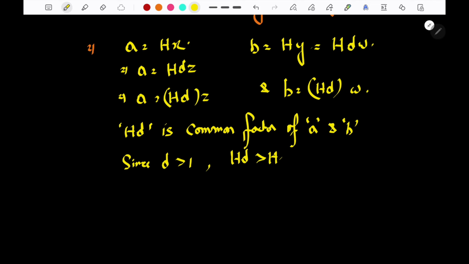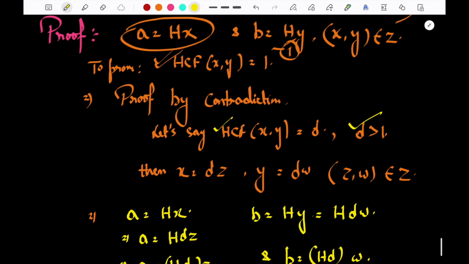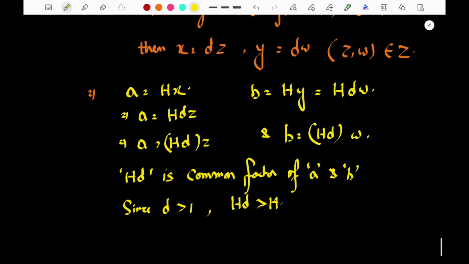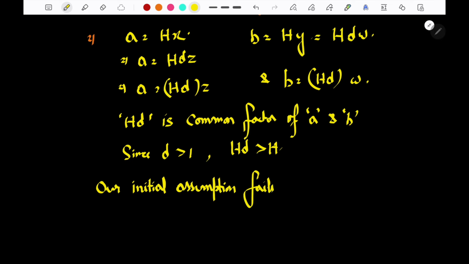Now the problem is that we assumed that h is the highest common factor of a and b, but hd is coming greater than h now. So our initial assumption fails, that h is the HCF of a and b.